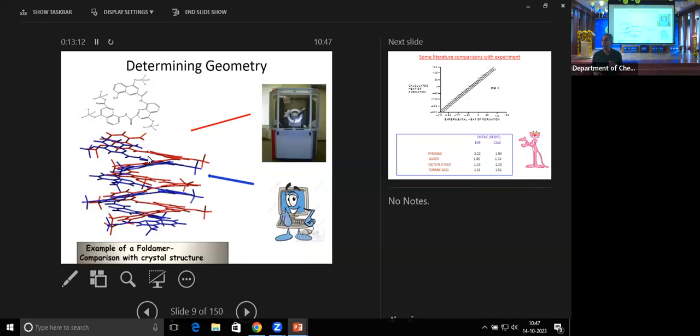X-ray crystallography, geometry of a molecule. Okay. See this, a complicated geometry of a particular molecule, which has been synthesized by one of our students. It's a foldamer actually, a peptide foldamer, and the blue is the one which comes from theory, and red is the one which comes from the X-ray crystallography.